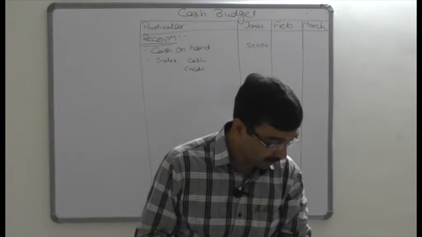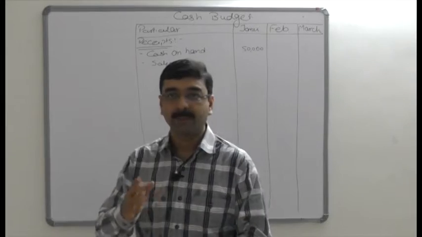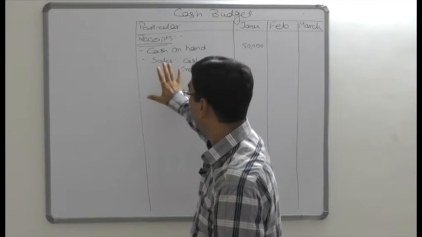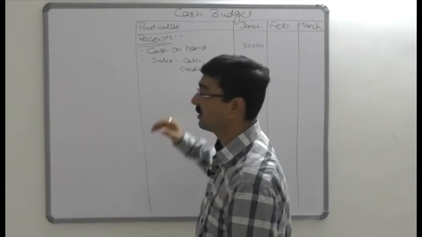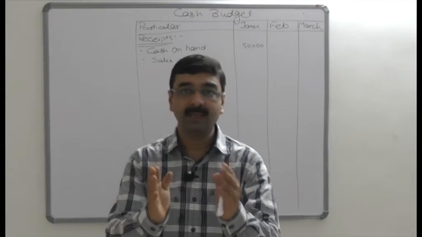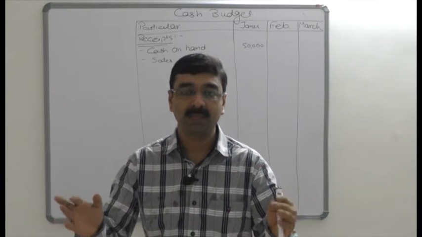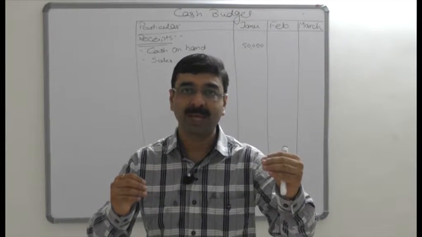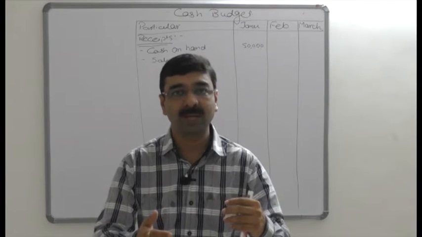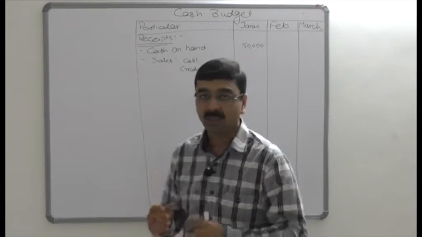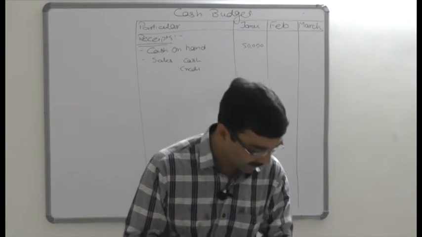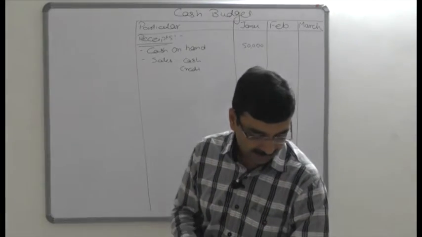So this is all about the receipts consideration. Let's begin with the sales and identify how much sales we have. Here, as we said, sales has been divided into two parts: some amount is cash sales and some amount is credit sales. We will find out how much cash sales and credit sales we have. So let's begin with this.